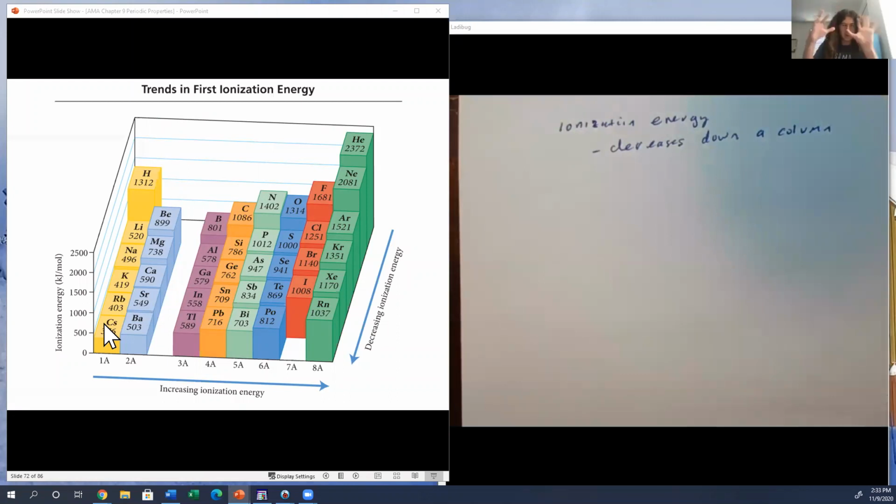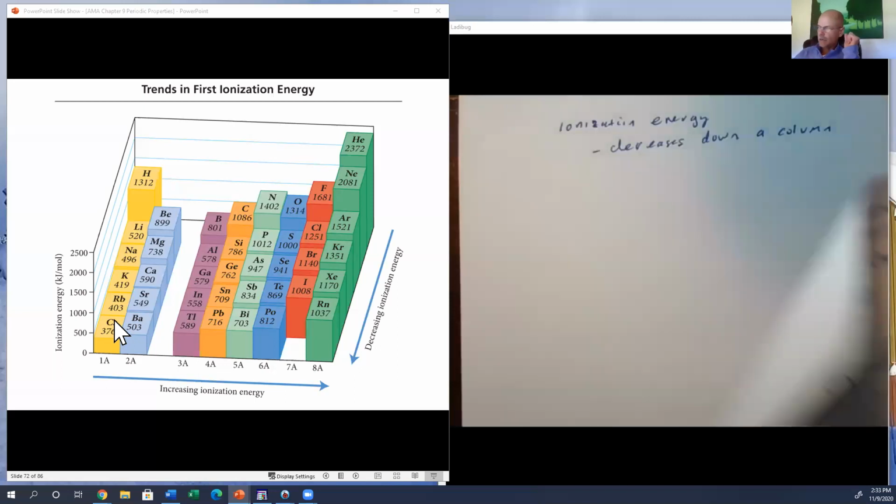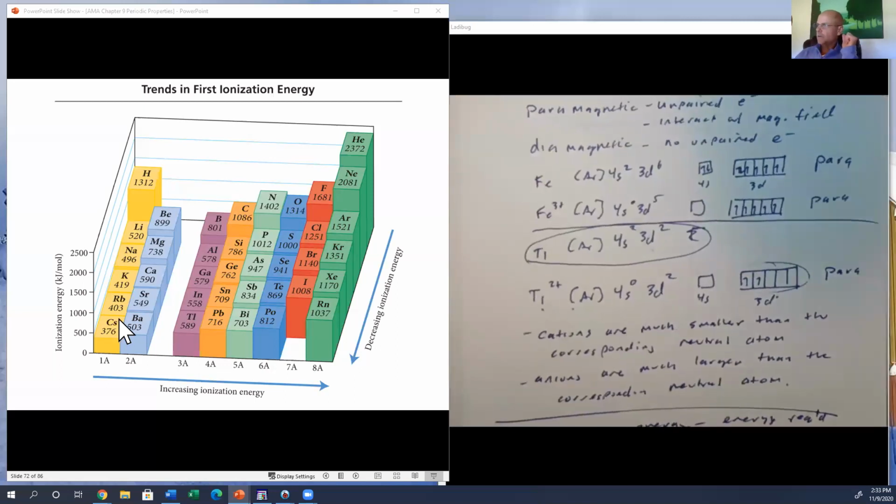They're further away. Yes. As the atom gets bigger, the electron is further away, and therefore it's a lot easier to remove.